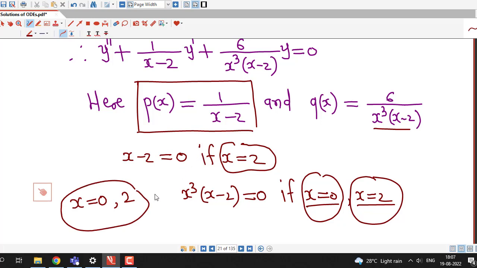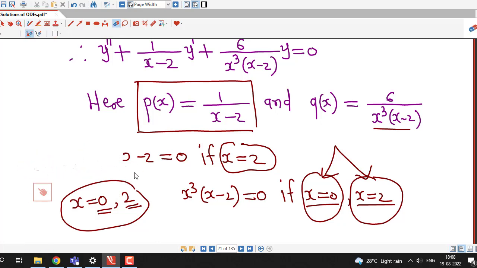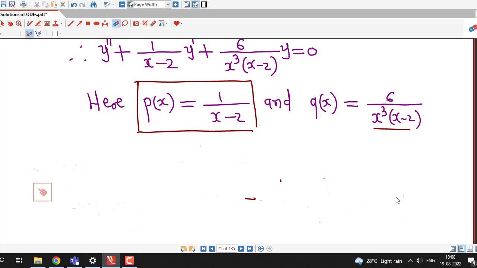If we consider any point which is different from 0 as well as 2, then that point will be an ordinary point, and 0 and 2 will be singular points.